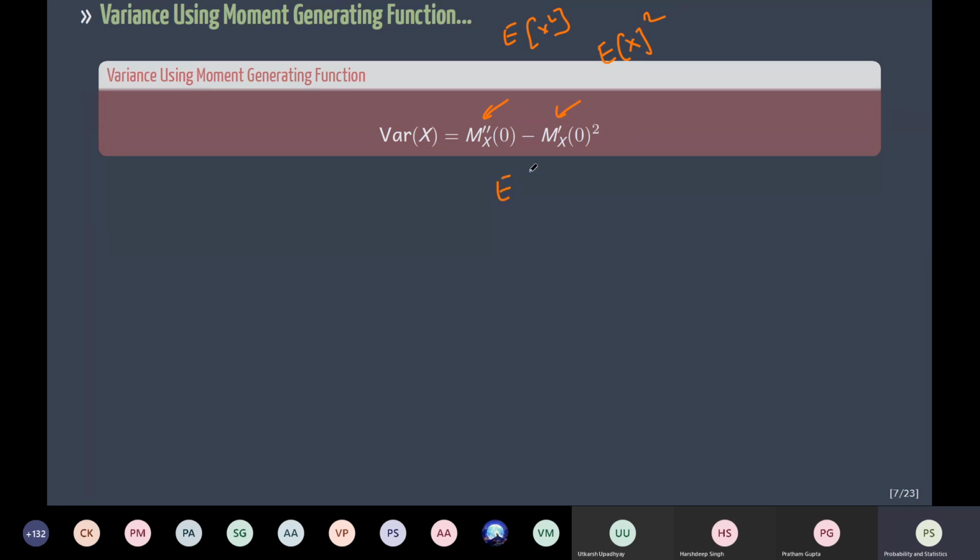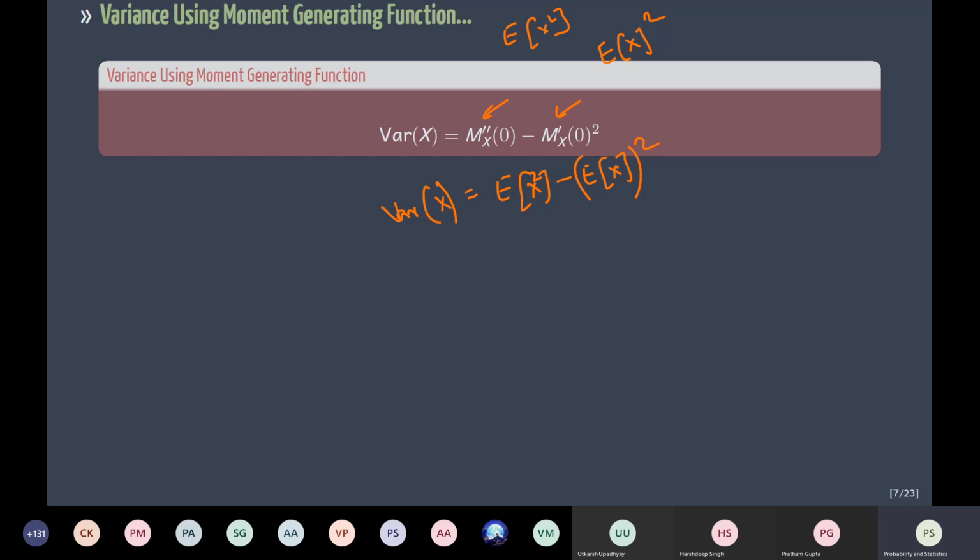So the variance was the expectation of x squared minus the expectation of x whole squared. This was the variance. We can prove this result, why the variance can be given like this, so I leave this as an exercise for you to figure out.